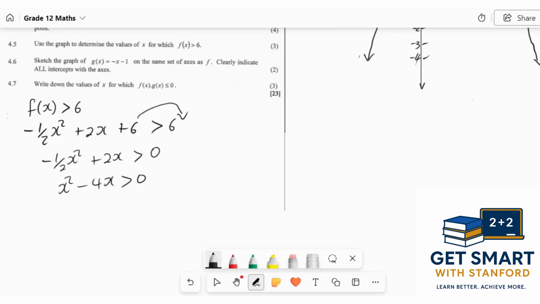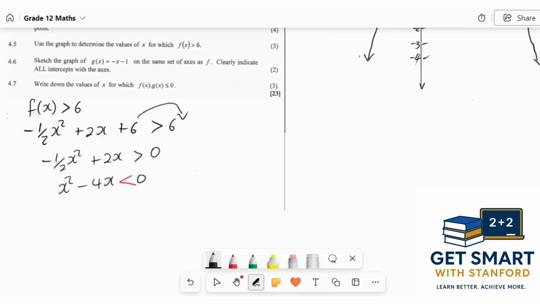From here, what do we do next? Because we have multiplied by a -2, then our inequality needs to change now. If you know the rules of inequality, you will know that once you multiply by or divide by negative on both sides, then the inequality will change.